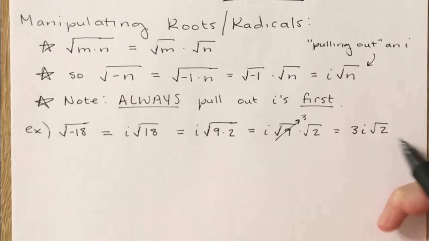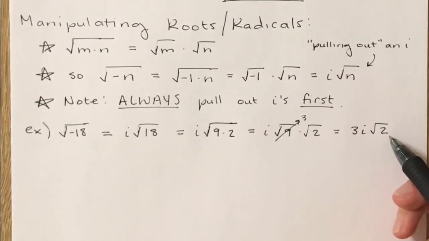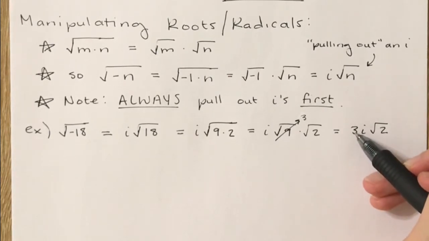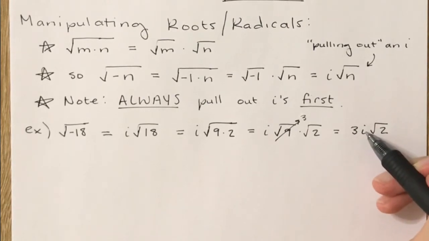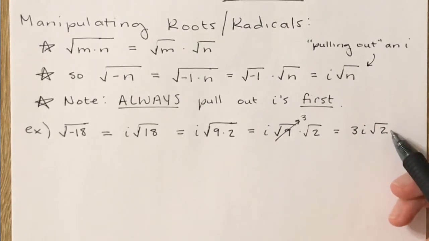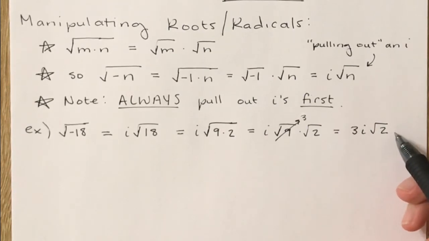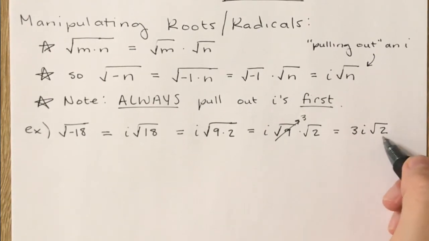This is kind of the convention. I really like to write my numbers like this, where I have the real coefficient, 3, out front, and then i after the number, and then the square root last, just so that it's really easy to see that this stuff is outside of the square root. Versus if we put it on this side, a lot of times it kind of looks like it could be underneath the square root.